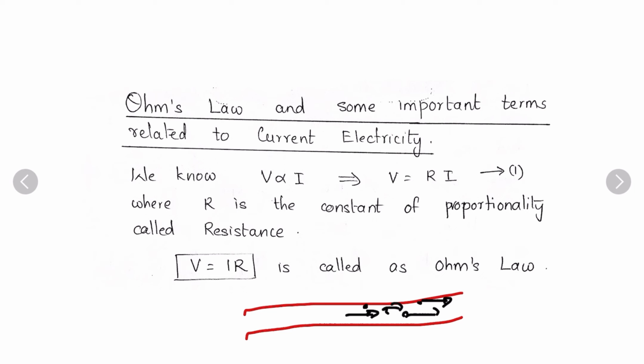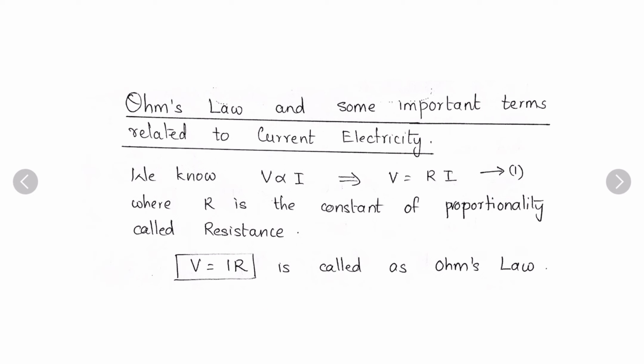When current is flowing, sometimes there is a resistance for the flow of current. That is denoted by capital R. R is the constant of proportionality, called the resistance. Now V is equal to IR. This is the most important formula, called Ohm's law.